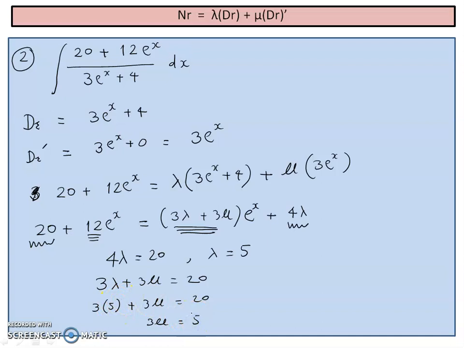So we get mu is equal to 5 upon 3. समझ गए? So we got lambda and we got mu. समझ गए बच्चों? Now further you have to adjust the numerator so that the numerator will be like this, and then refer to the previous example and solve it. समझ गया? Very good.